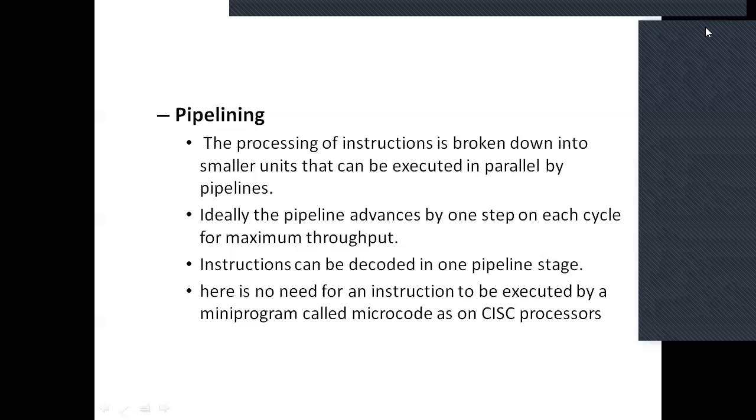With pipelining that time will be reduced, but only in the ideal case, that is, when the pipeline advances 1 step on each cycle for maximum throughput. I will explain that pipeline concept in the next class. For now, just remember that because of the RISC concept, implementation of instruction pipelining becomes easier in the ARM processor.